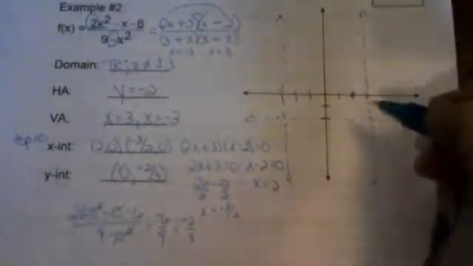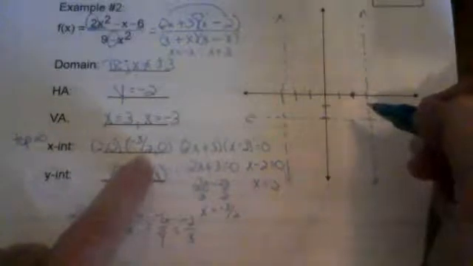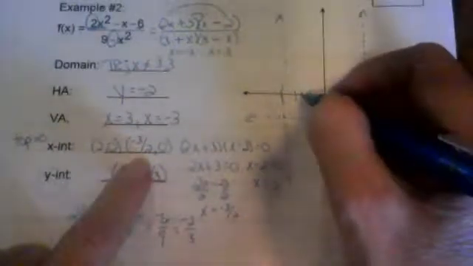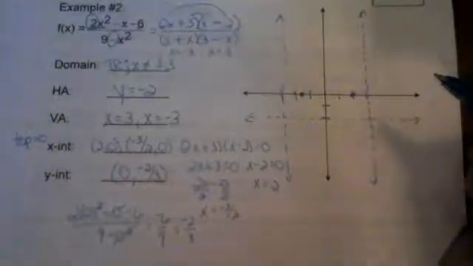Okay, and we have some x-intercepts. We have an x-intercept at (2, 0) and at -3/2, or -1.5, (−1.5, 0). And then we have a y-intercept at (0, -2/3).